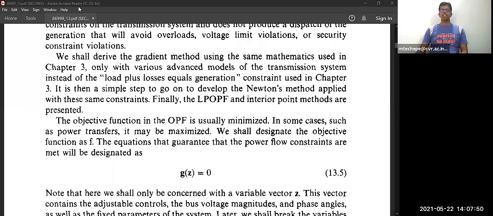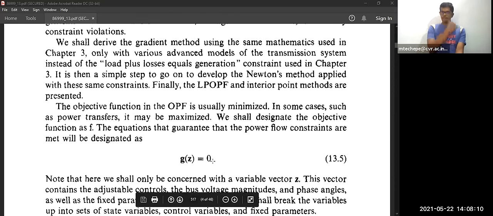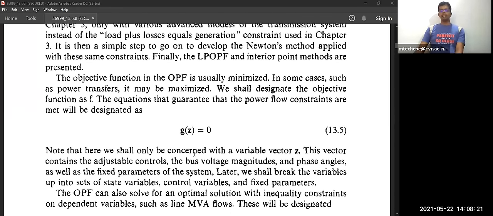We shall designate this objective function as small f, and the equation that guarantees the power flow constraints are met is designated as g of z equal to 0. So we have taken the objective function as small f, and g of z is the power flow constraints.